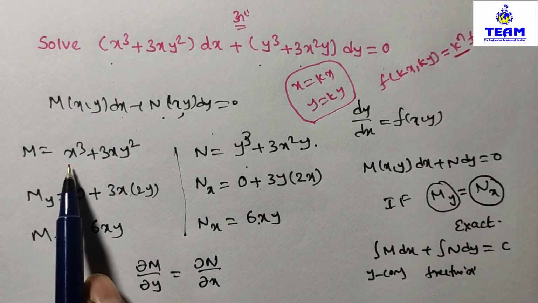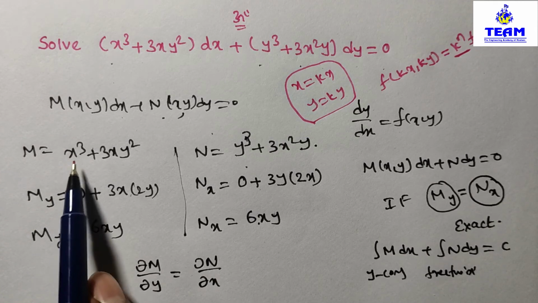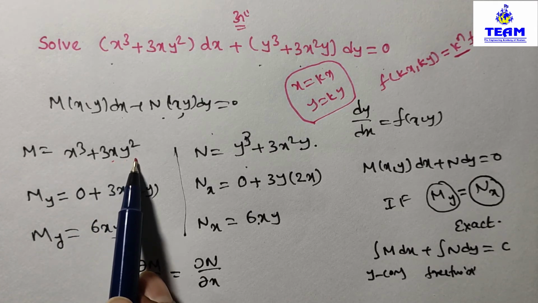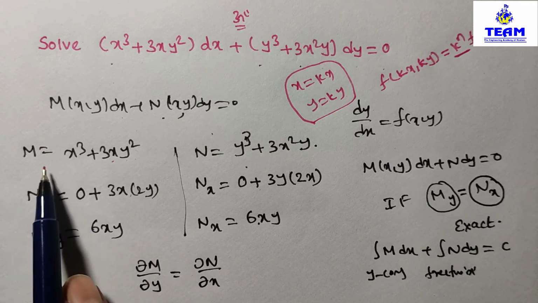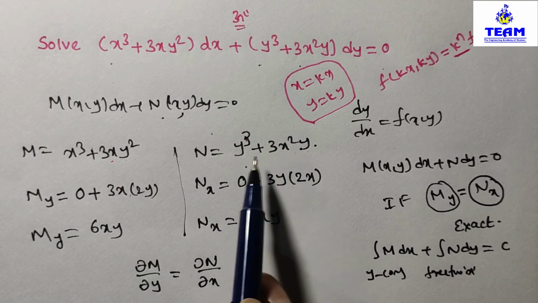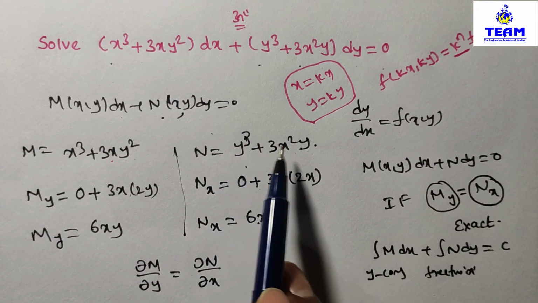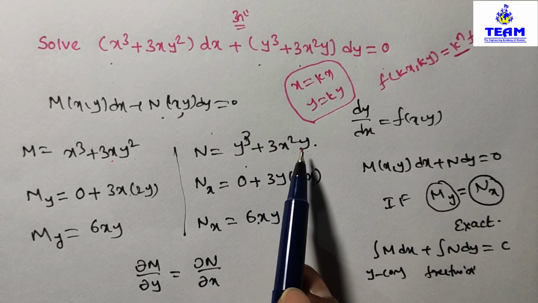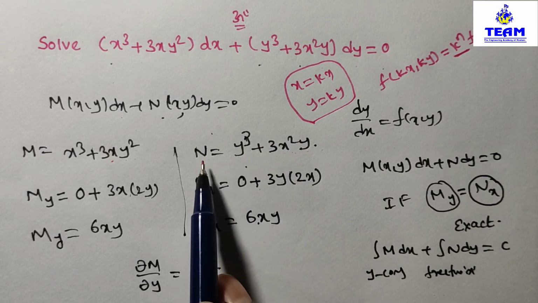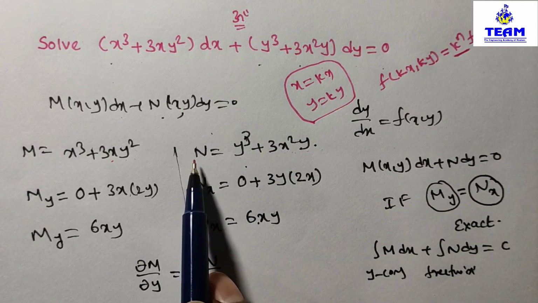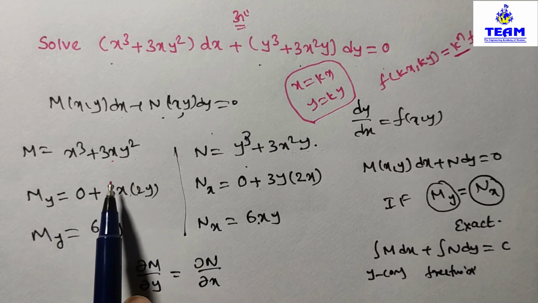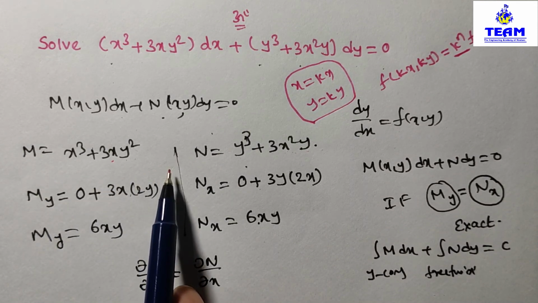Here you observe x cube, you can write k cube x cube. Here 3xy square means 3kx, k square y square. So k cube is common, you will get k cube into M. Here y cube is there, x square y is there. This is k cube y cube, 3x square k square ky. So here also you can take k cube as common, then you will have k cube N. So you can say M and N are homogeneous functions of degree 3.